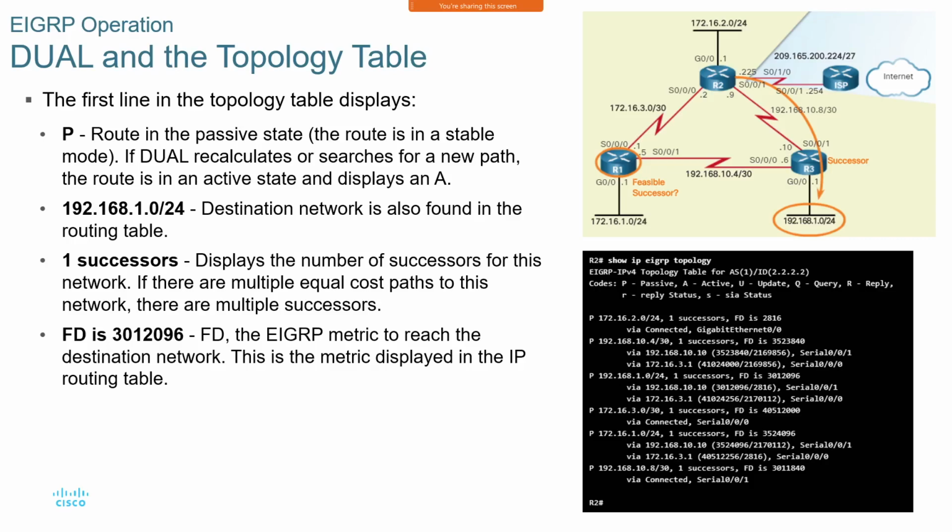Now, when we have A, it means it's active. It means that it needs to recalculate every single one of the things. So if we do a show ip eigrp topology and we see a P character right next to every single one of the networks, that means a good thing has happened. All the networks have converged. We have found the best paths for all the networks according to the DUAL algorithm.